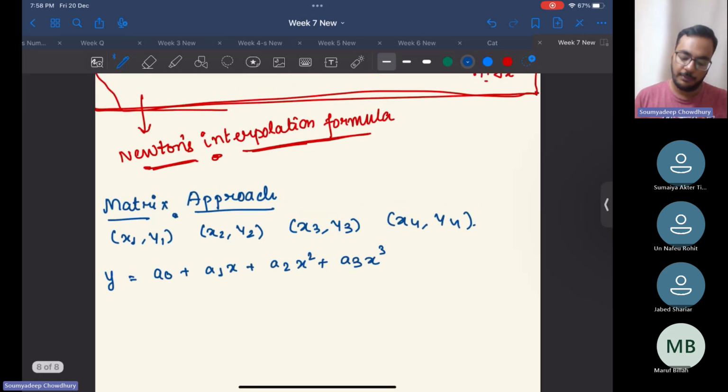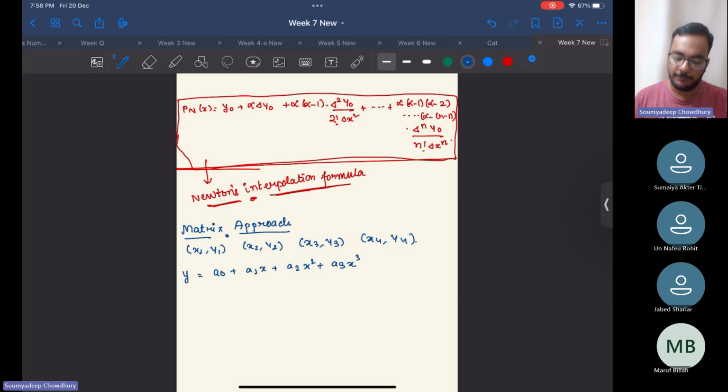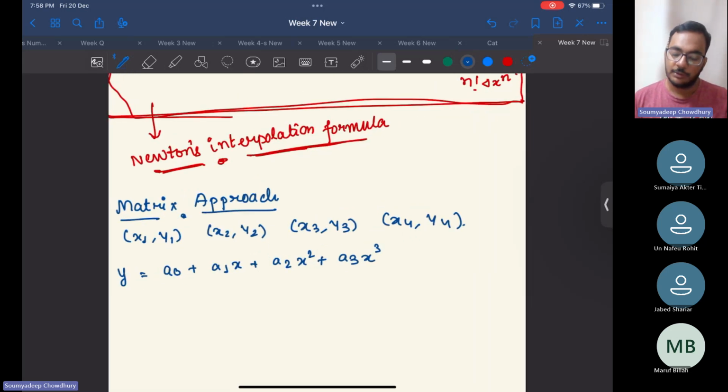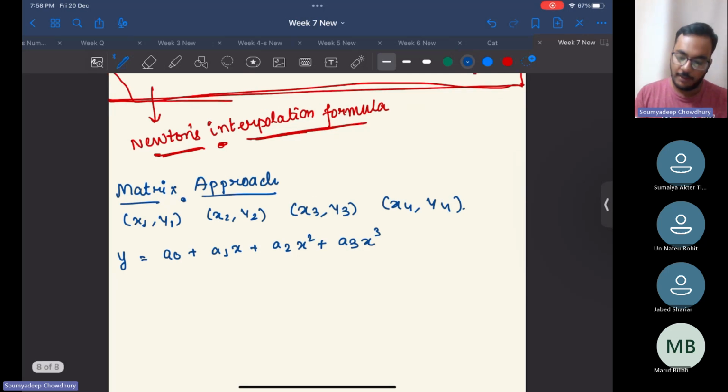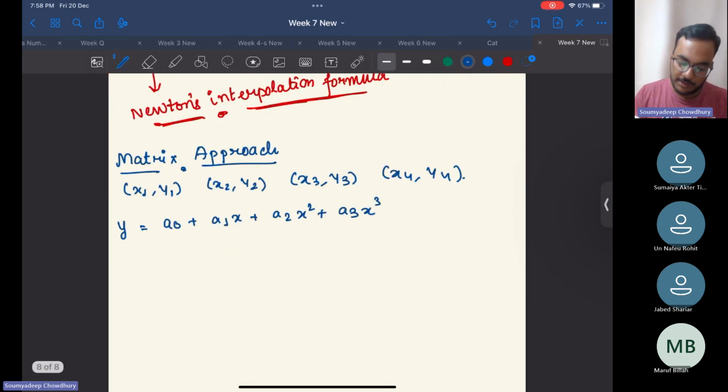If we use the previous Newton's interpolation formula, we can make a table, find the differences, and use the formula to find the coefficients a0, a1, a2, a3. What we do in the matrix approach is, we have four sets of data. If we substitute the first one, y1 is equal to a0 plus a1 x1 plus a2 x1 square plus a3 x1 cube.